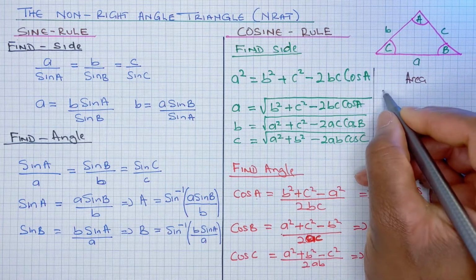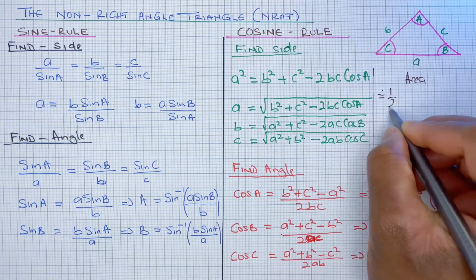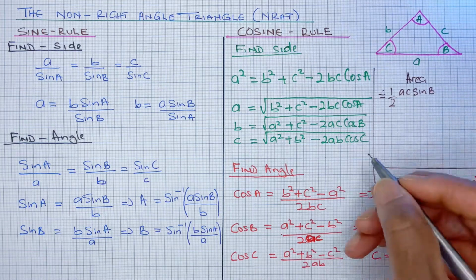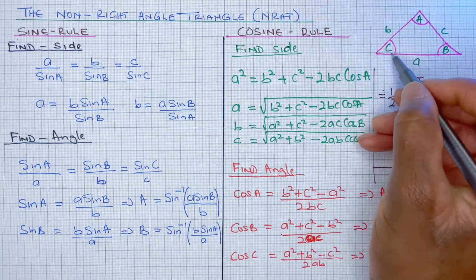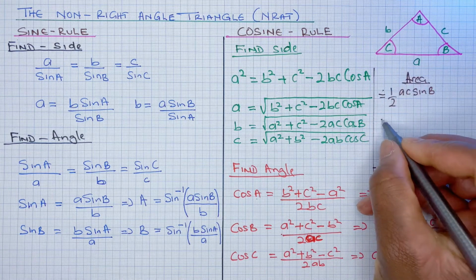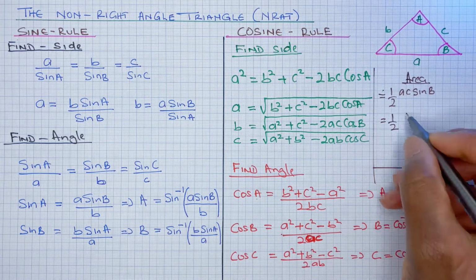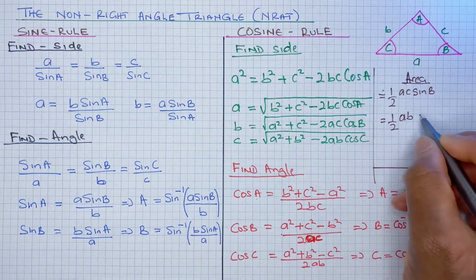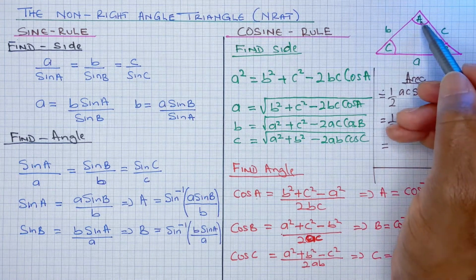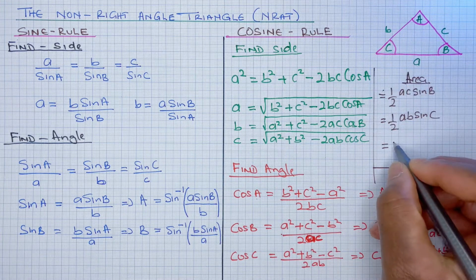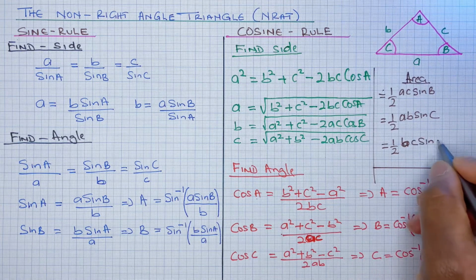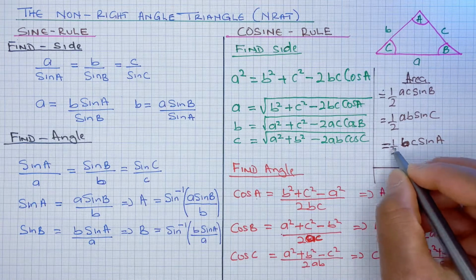So the area will be equal to half ac sine B. For that one, you must have the two adjacent sides. Or it will be half ab sine C. And for angle A, the two adjacent sides, half bc sine A. And that's how you find the area.